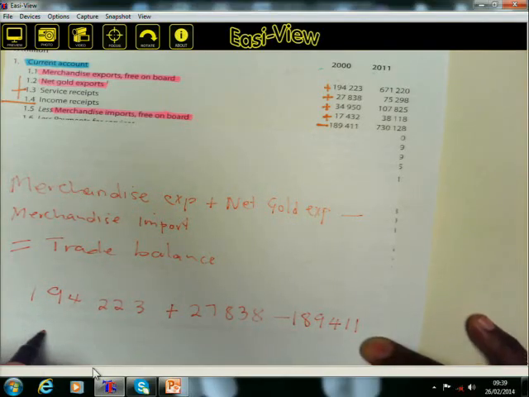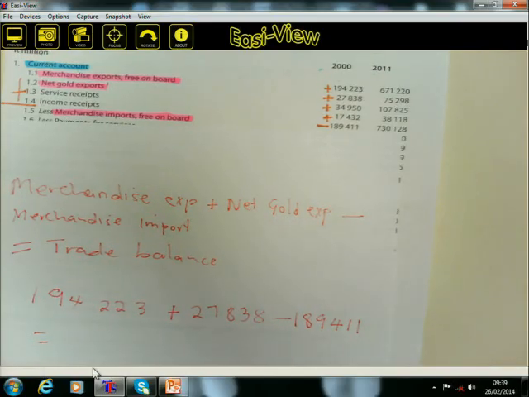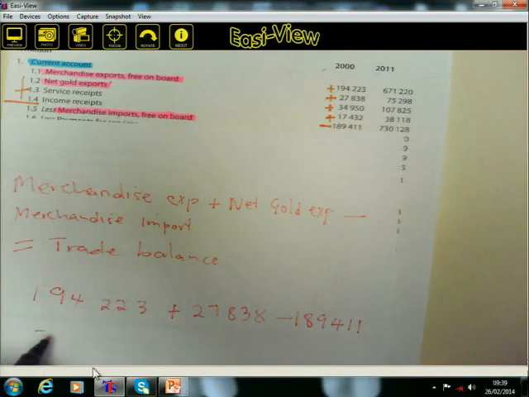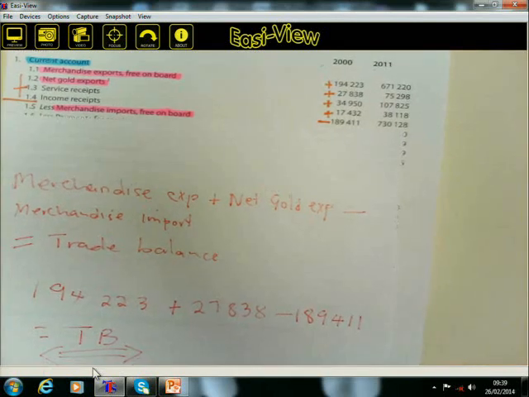Then use your calculator to do that, and the answer that you'll get will be equal to our TB, our trade balance, simple as that.